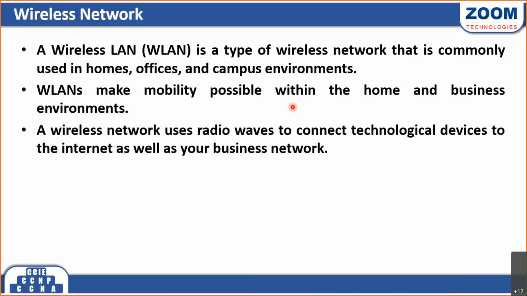Wireless networks use radio waves to connect technological devices. So your device and another device, two devices to connect. Wireless network uses what? Radio waves, to reach the internet as well as your business network.